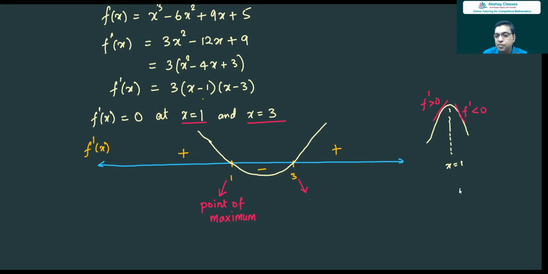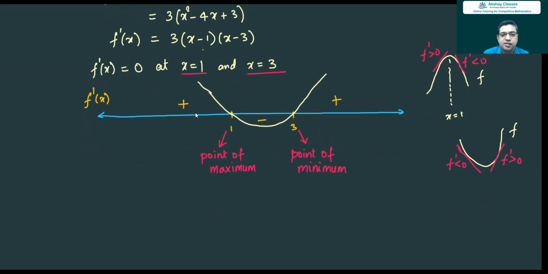So it will be like this in the real graph of f. Across that critical point, the derivative is changing from negative to positive, so this is the point of minimum. Clear?